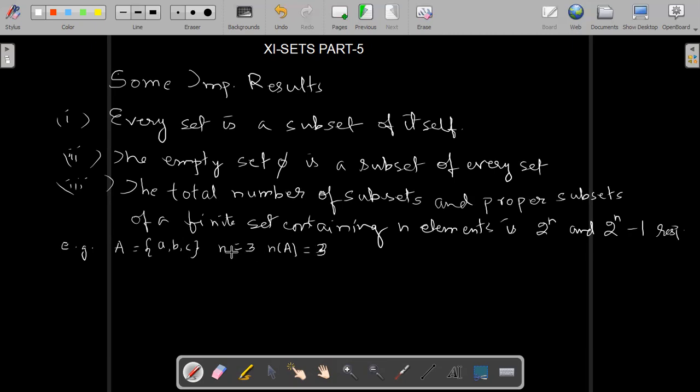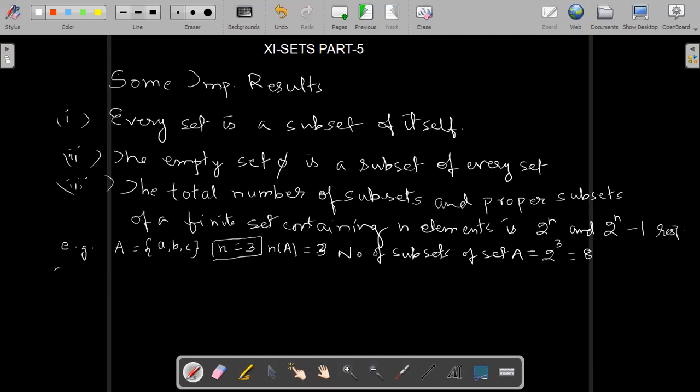How many subsets can we write? First of all, we should know how many subsets can be written. So the number of subsets of set A will be equal to 2 raised to power n, that is 2 raised to power 3, which means 8. So we can write 8 subsets of A.